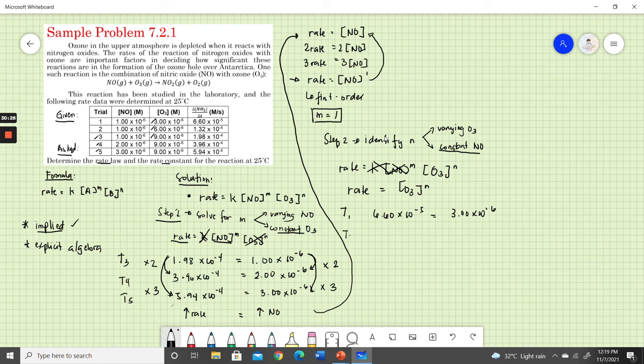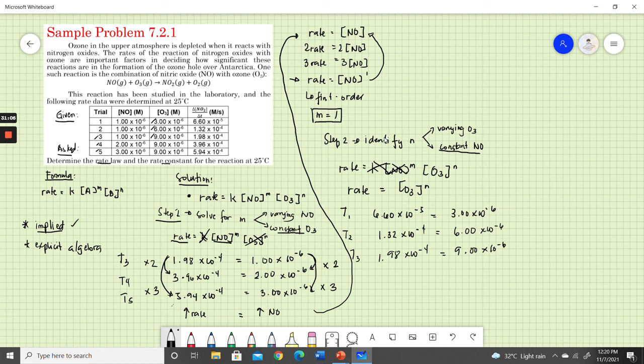In trial 2, your rate is 1.32 times 10 raised to negative 4, with 6.00 times 10 raised to negative 6. And in trial 3, your rate is 1.98 times 10 raised to negative 4, and the concentration is 9.00 times 10 raised to negative 6.